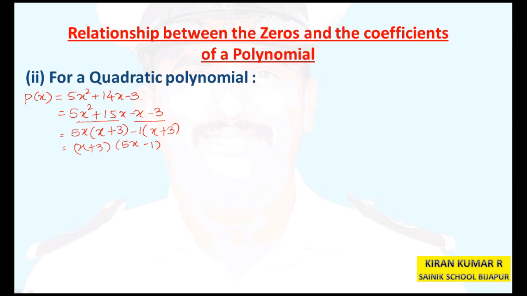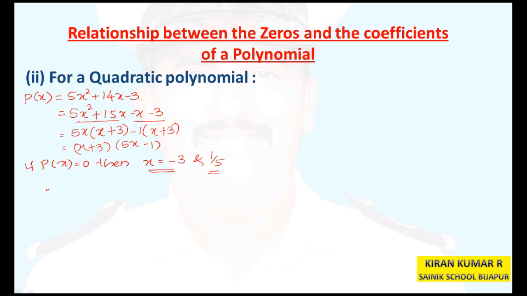Now if you equate it to 0, if p of x equal to 0, then x values will be minus 3 and positive 1 by 5. Therefore, this minus 3 and positive 1 by 5, they are the zeros.